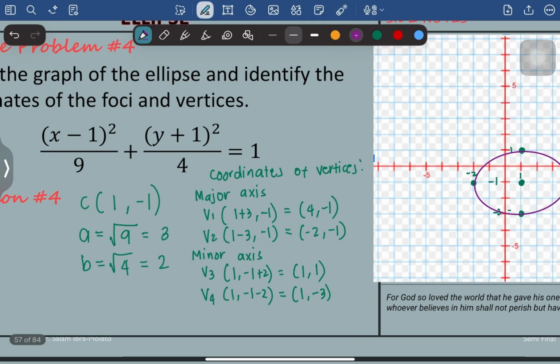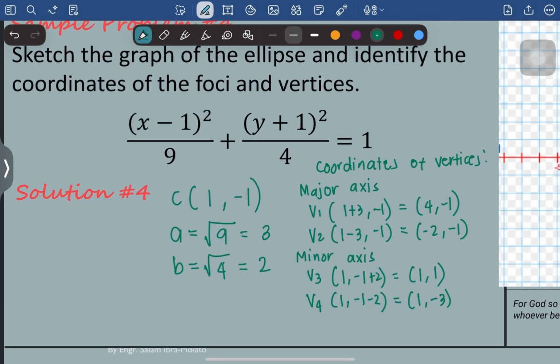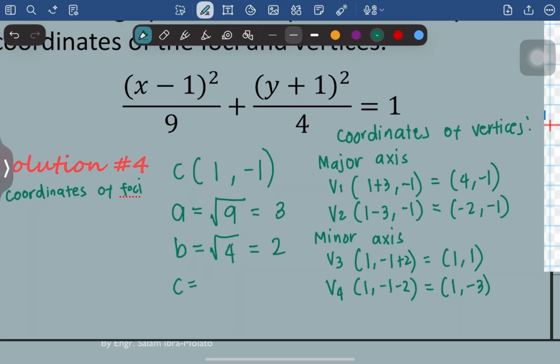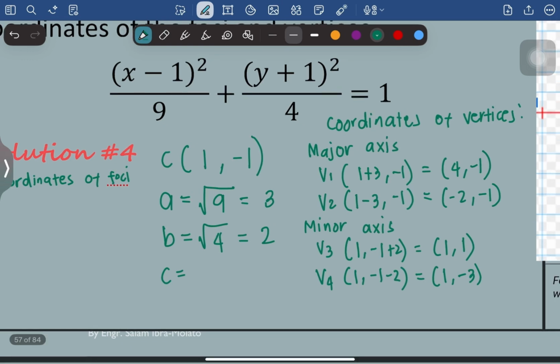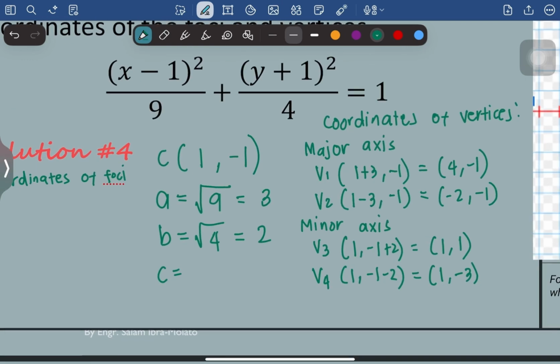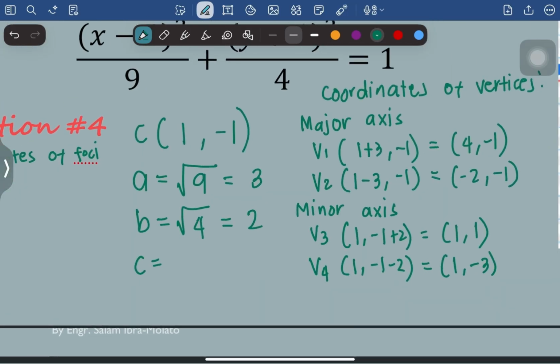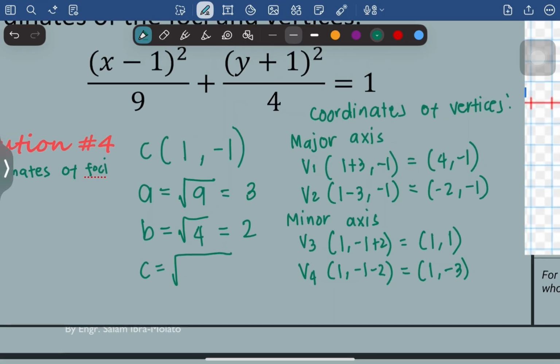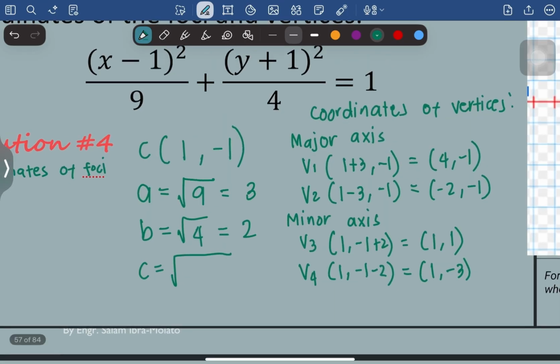Then for the coordinates of the foci, you will add the distance. So let's compute first the distance of one of the foci from the center, which is the square root of a squared minus b squared.